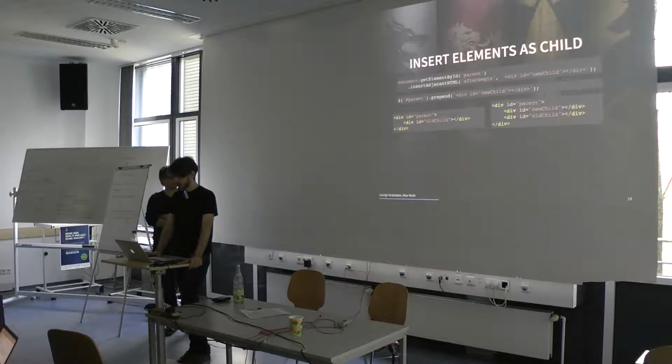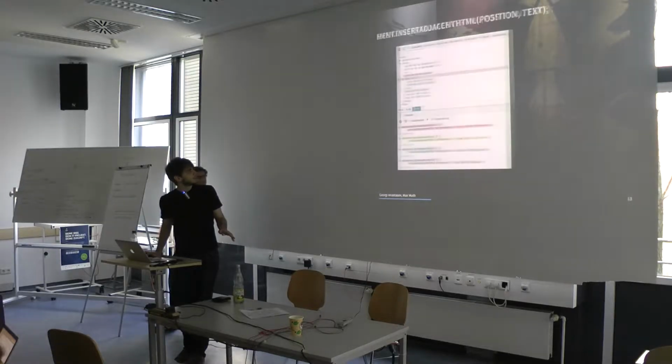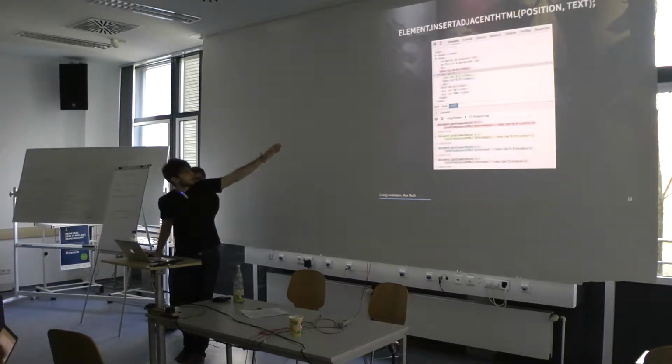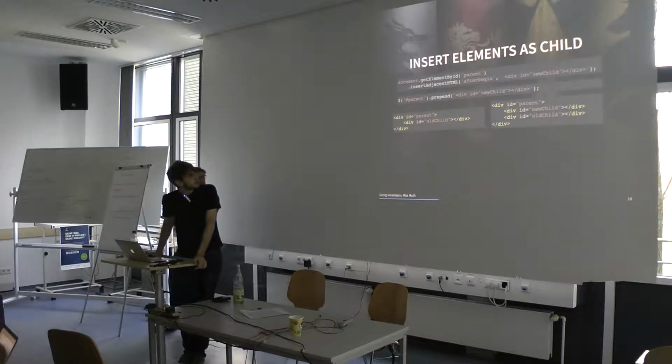So it's equal to prepend in jQuery, and this is kind of the difference between these adjacent things to add these nodes, and jQuery is making this the same way with prepend and append. So this is the new child we're creating.